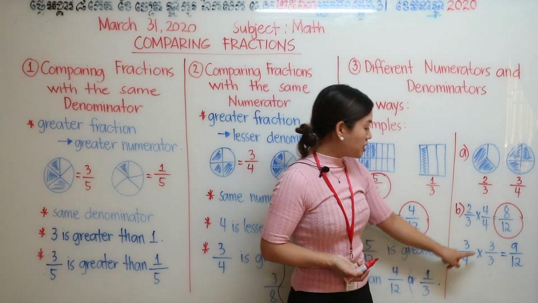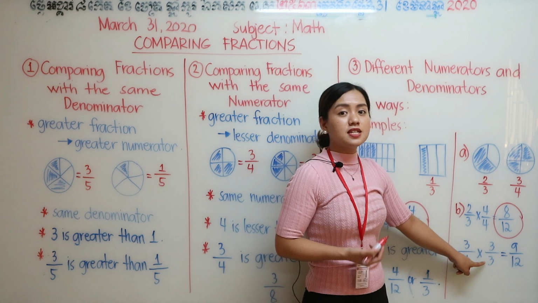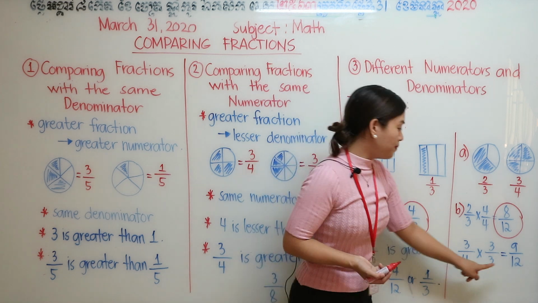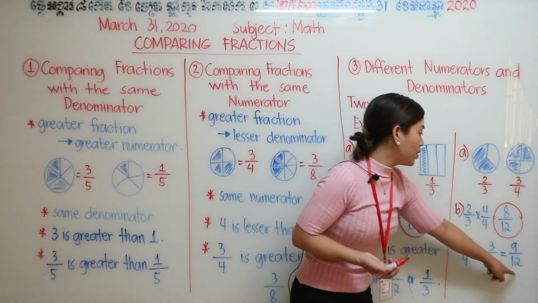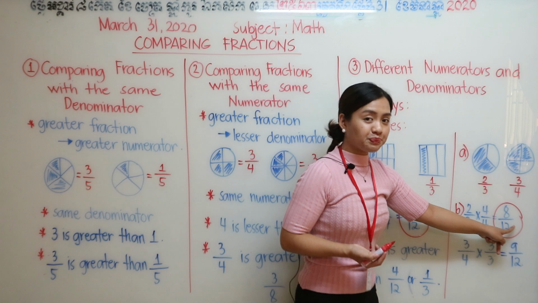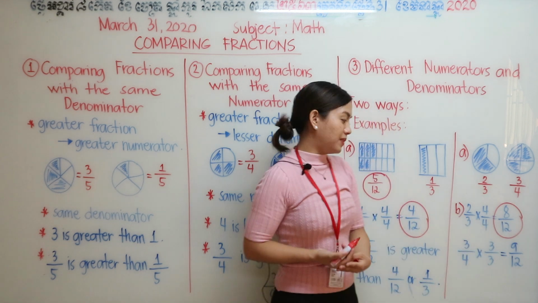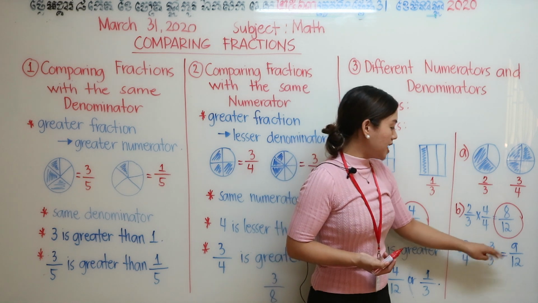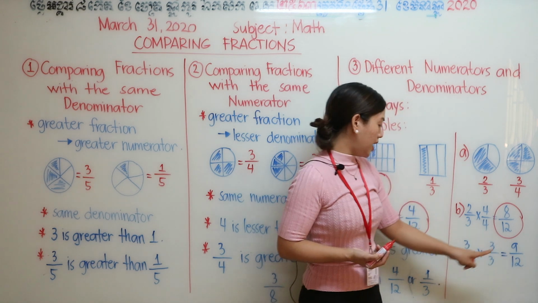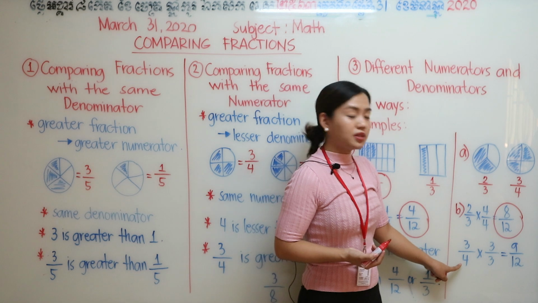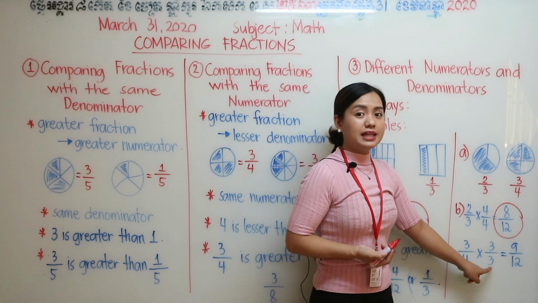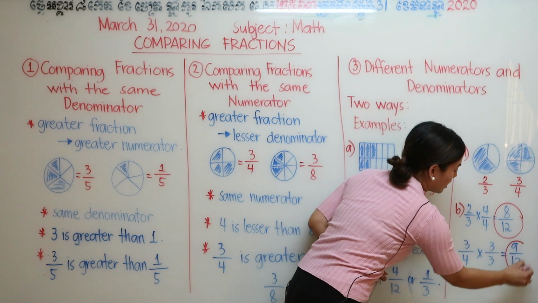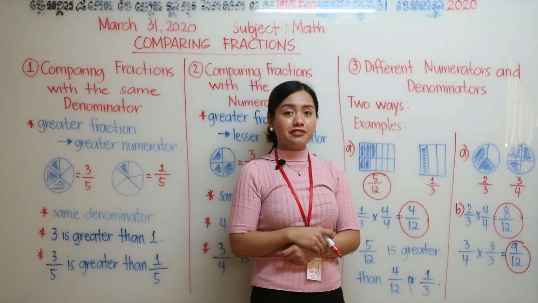Now I choose 3 over 3 because if I multiply 4 by 3, the answer will be 12, which is the same as the first fraction that we multiplied. So 3 multiplied by 3, the answer is 9, and 4 multiplied by 3, the answer is 12. So I got 9 over 12.